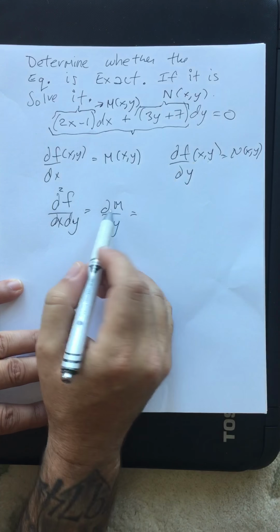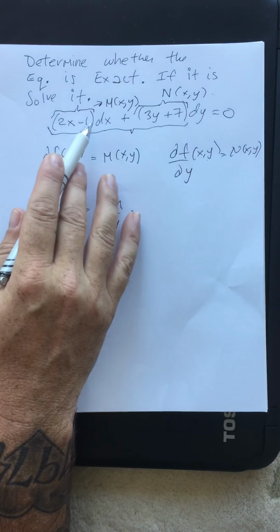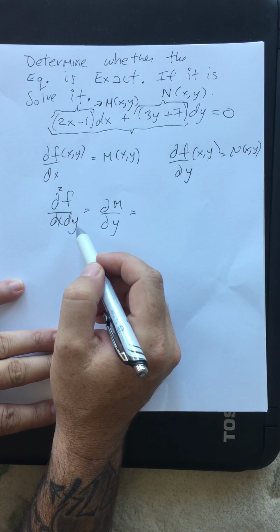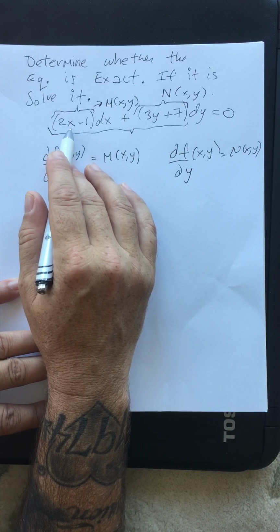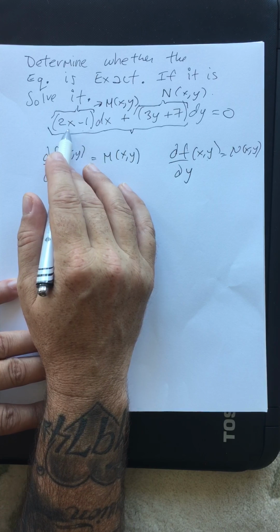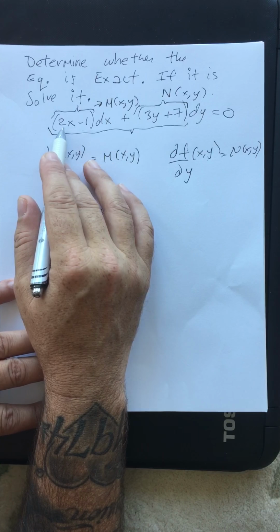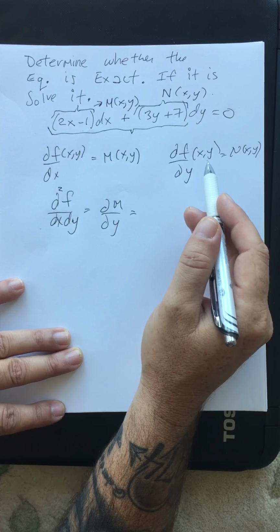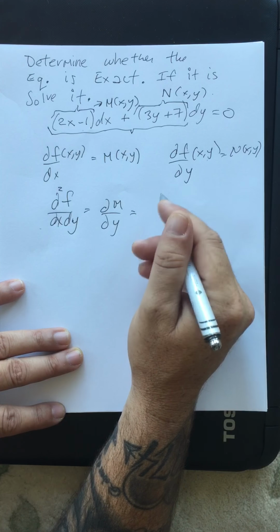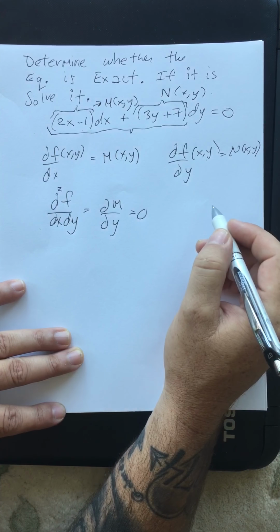Because dx has already been evaluated here, let's take dy. So let's differentiate this with respect to y. Any y terms in there? What's the derivative of 2x? If x represents a constant, it's 0.